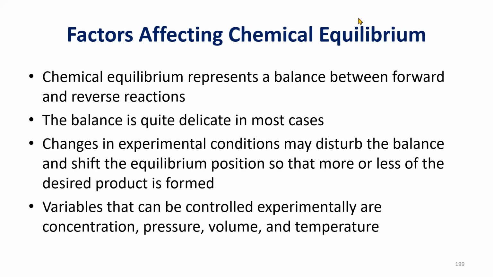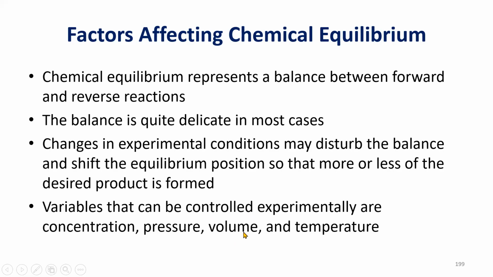Okay, so the variables that can be controlled experimentally are the concentration of the species within a reaction, the pressure, and this is usually the case when you're dealing with gaseous reactants and products.